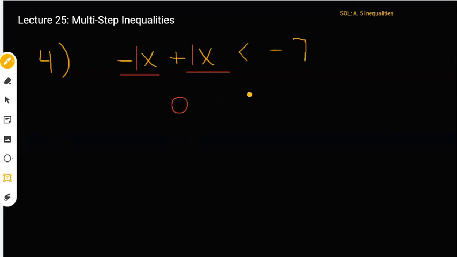So I combine my like terms, I get 0, bring down the less than symbol, and then -7 is going to stay the same for now. So I don't really have an answer for this. The only thing that I get is 0 is less than -7.